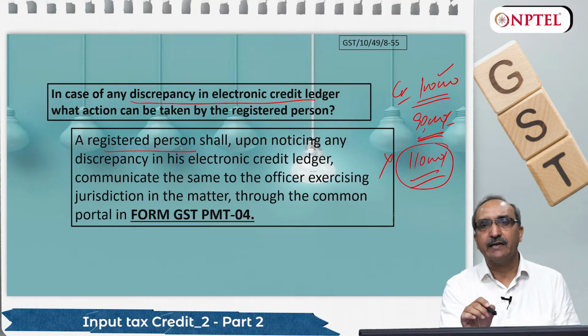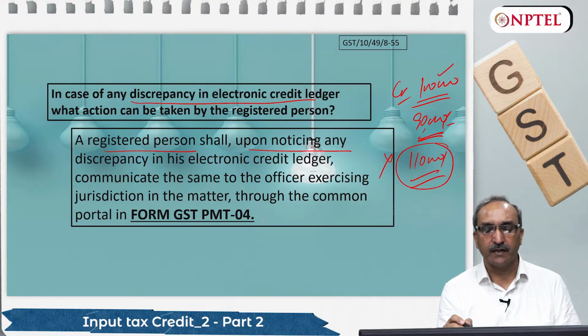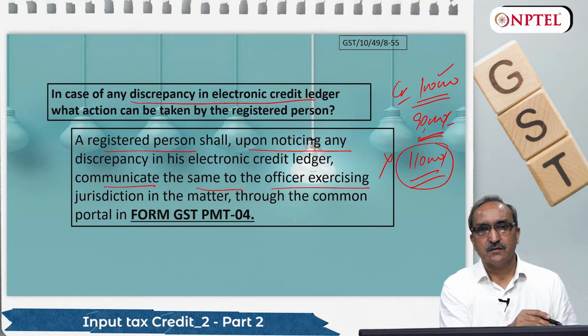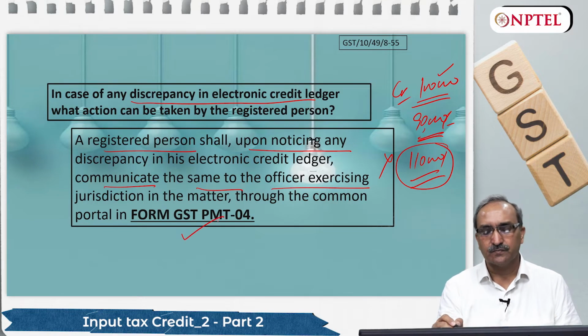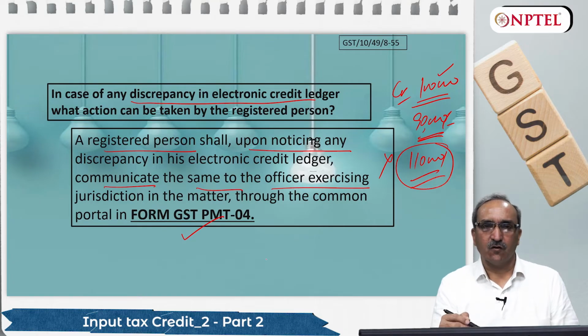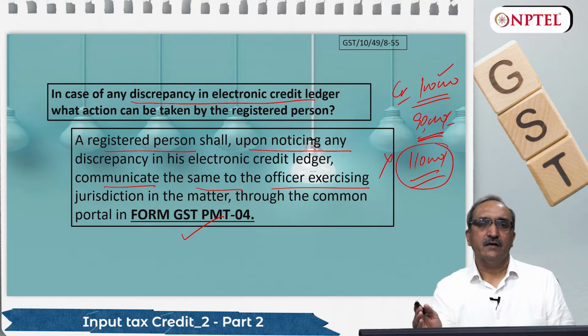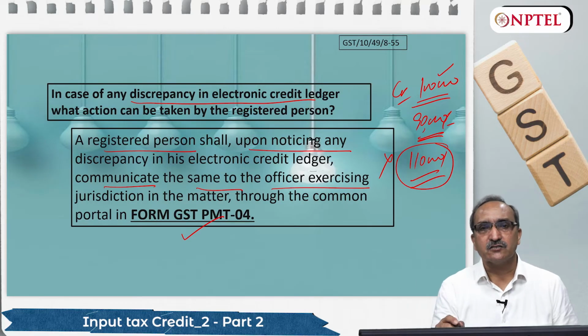So the person who has noticed any discrepancy in the electronic credit ledger shall communicate the same to the officer of his jurisdiction in Form GST PMT-04. It's an online form available on the GST portal. Fill this form and submit it on the GST portal, and when you submit it, it will go to the concerned officer to look into.